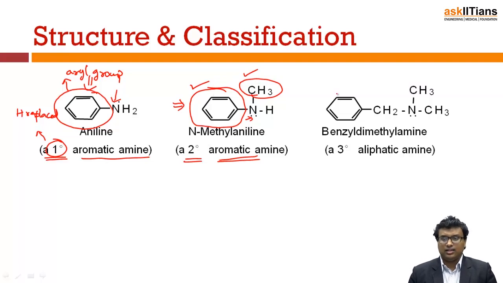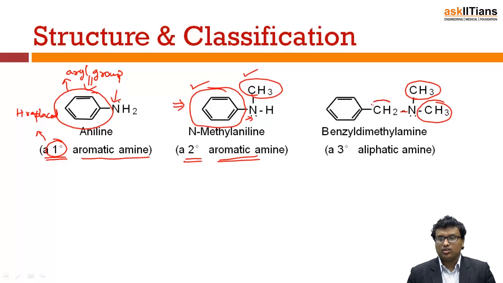Next, the third thing, a tertiary aliphatic amine. Why is this an aliphatic amine? According to the definition of aliphatic amine, the hydrogens should be replaced by alkyl groups. So you can see here that this CH3 is an alkyl group, and this CH3 is an alkyl group.